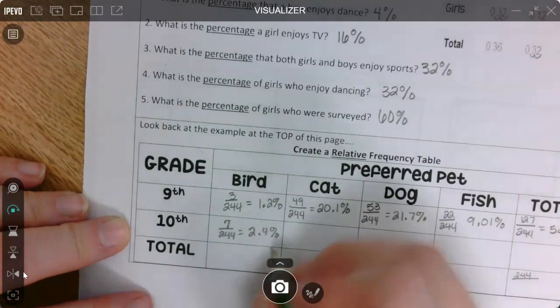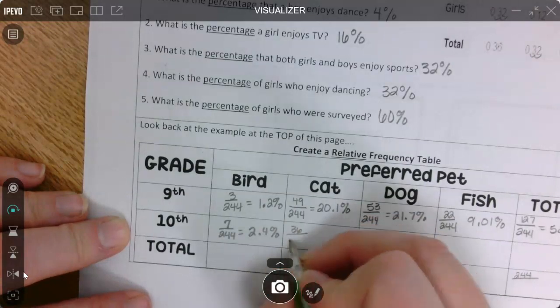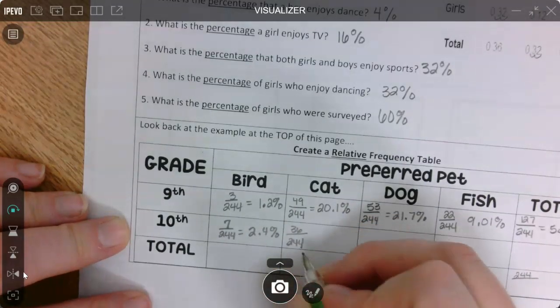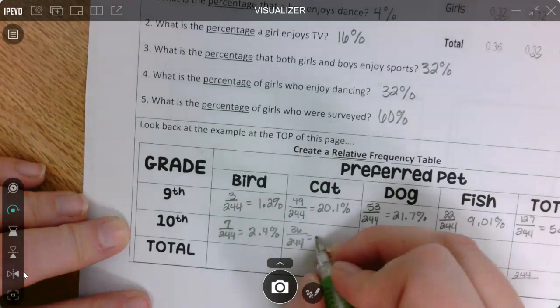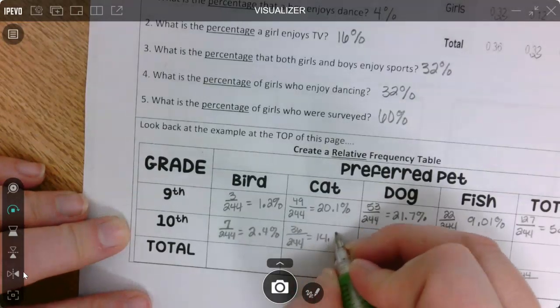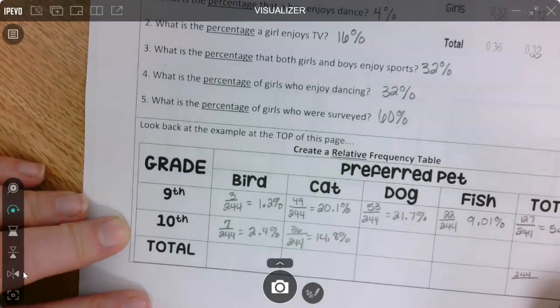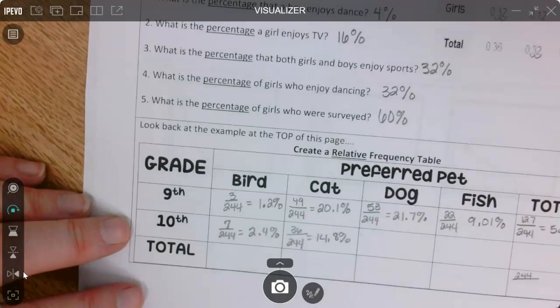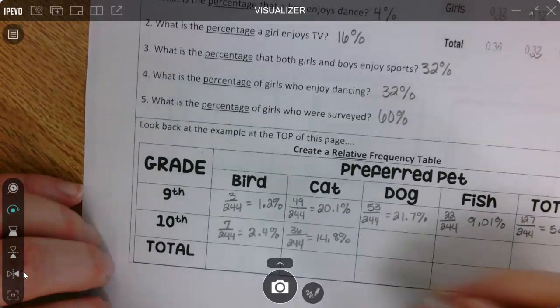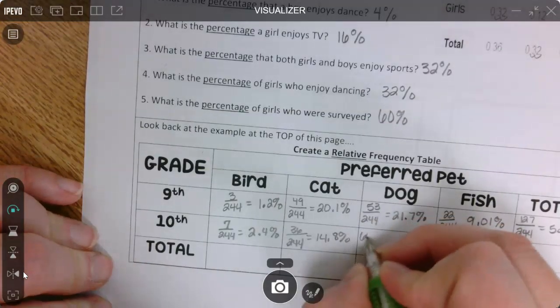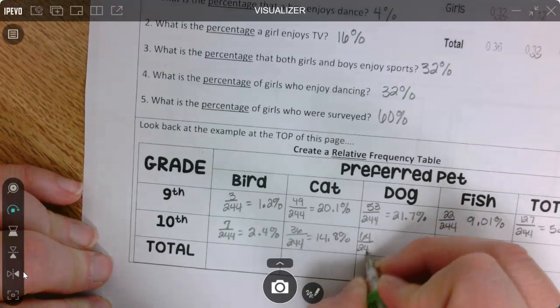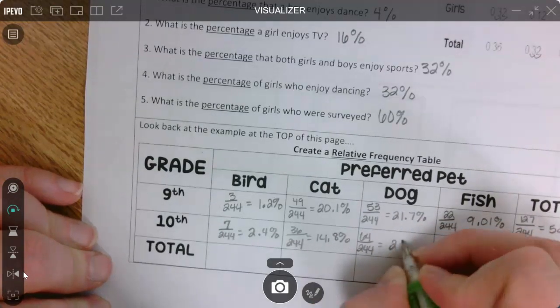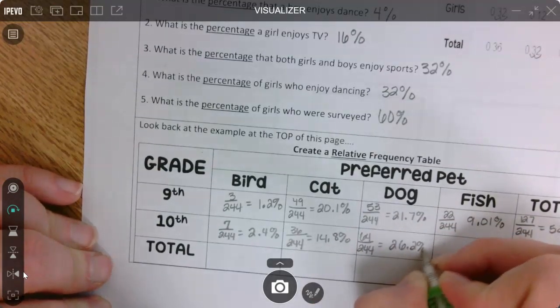10th graders who liked cats, that's 36 out of 244, which gives me 14.8%. The next one was dogs. 10th graders who liked dogs, that was 64 out of 244, which is 26.2%.